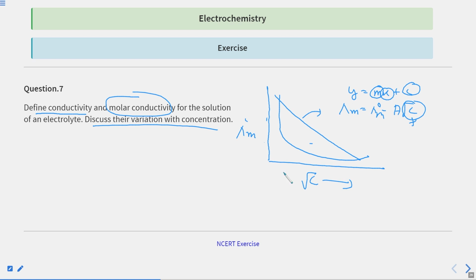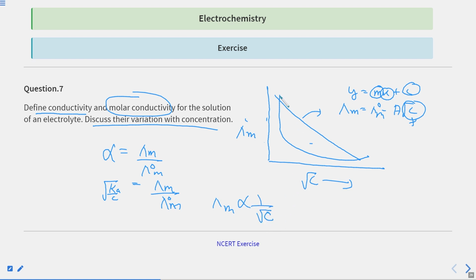And what about the relation for a weak electrolyte? We know that alpha equals lambda m by lambda naught m, and alpha equals root under K by c. So you can see very clearly that if we focus on the two parts, lambda m and root c, lambda m is inversely proportional to root c.